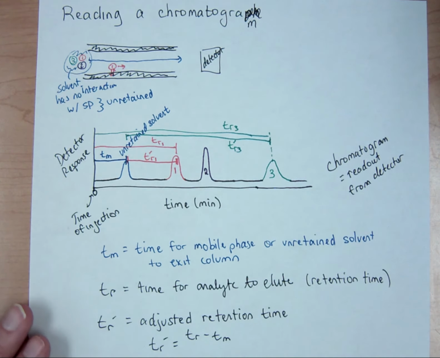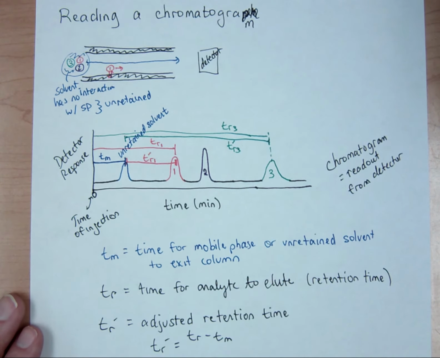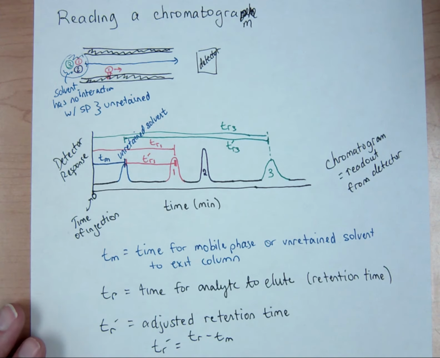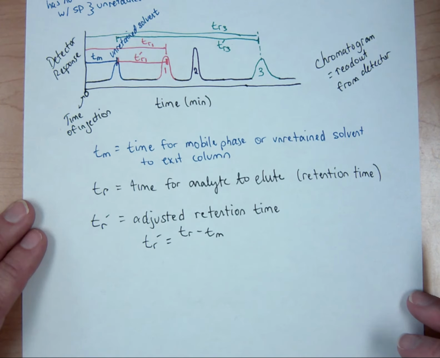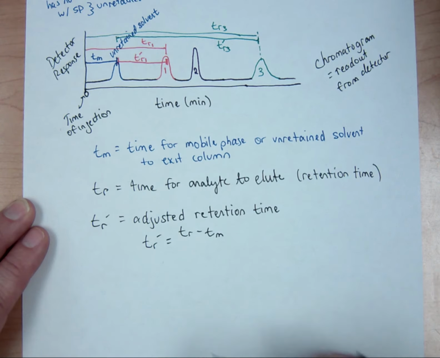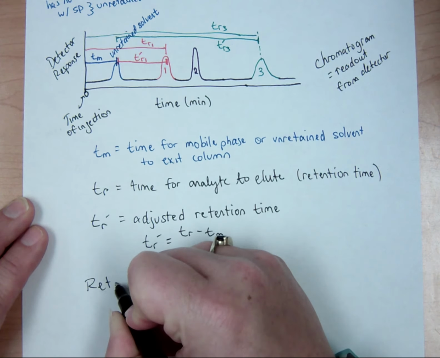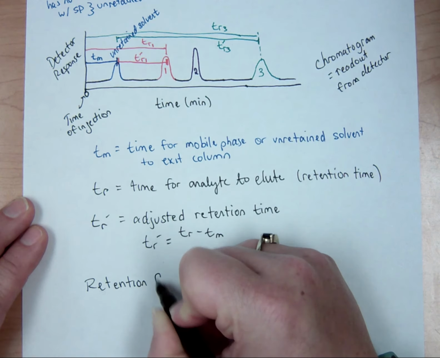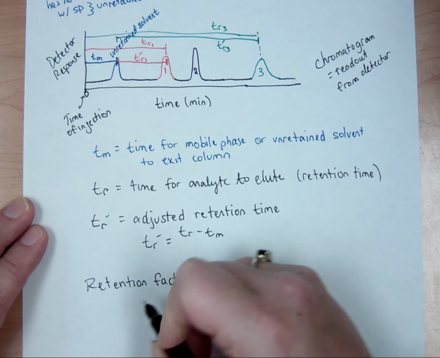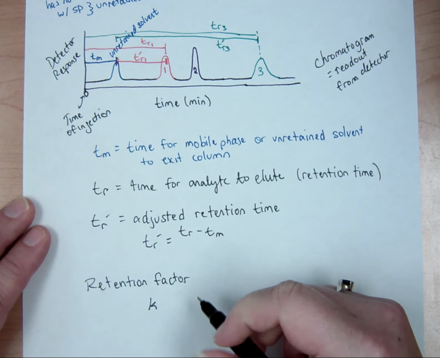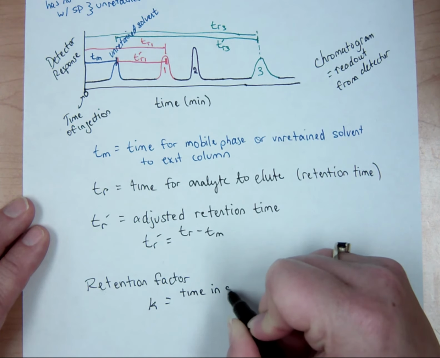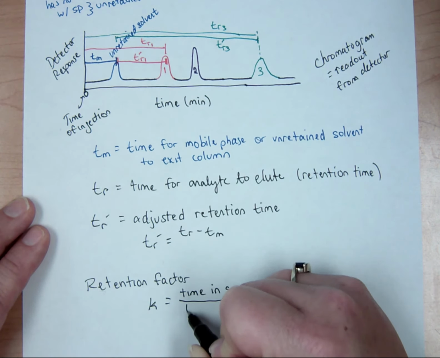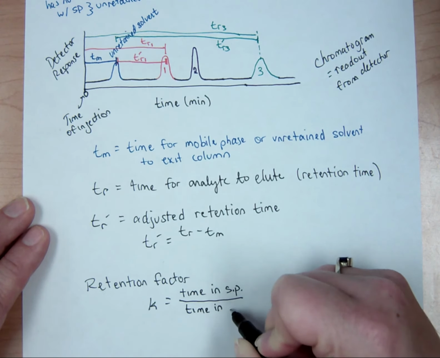Okay, so that's great. We can give you the time it takes to elute from the column. We can compare those times, but sometimes we want to compare one analyte to another. And there's a few different kinds of values that we calculate to show a comparison between one analyte and another. The first one of these is retention factor. And the retention factor, which we're going to use a lowercase k for, is just a ratio between the time the analyte spends in the stationary phase versus the time that it spends in the mobile phase.